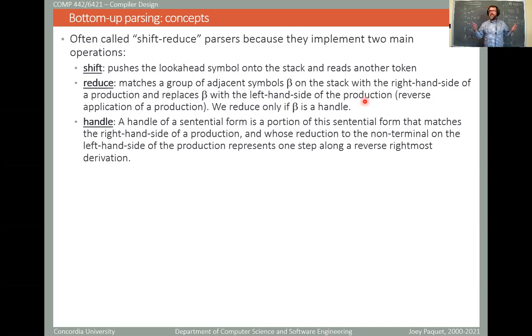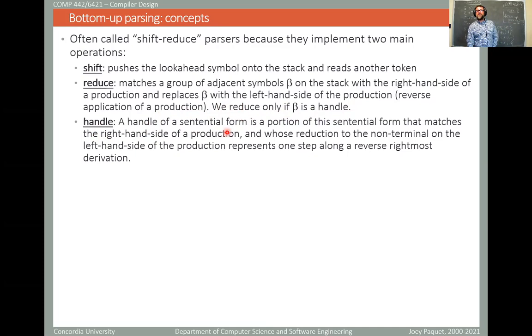That's what is happening. It has the symbols on top of the stack. It's trying to look for a sentential form that corresponds to one of its right-hand sides and replace it by the corresponding left-hand side. So, reverse application of a rule. Then there's a restriction: you reduce only if beta is a handle. Handle is another concept of bottom-up parsing.